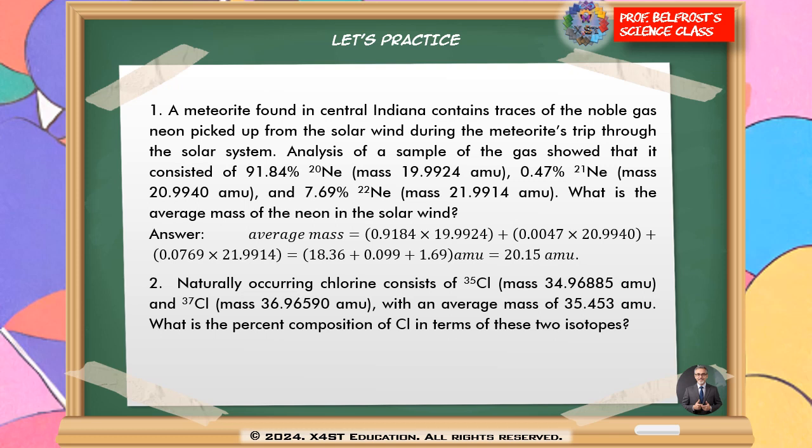Very clear. Second problem: naturally occurring chlorine consists of chlorine-35 and chlorine-37, with an average mass of 35.453 AMU. What is the percent composition of chlorine in terms of these two isotopes?